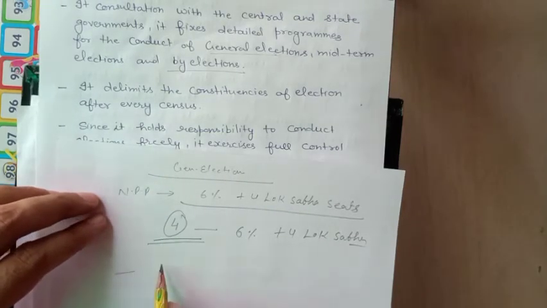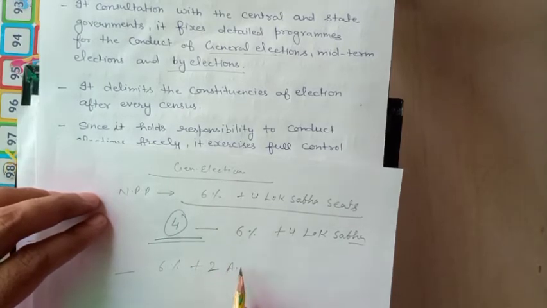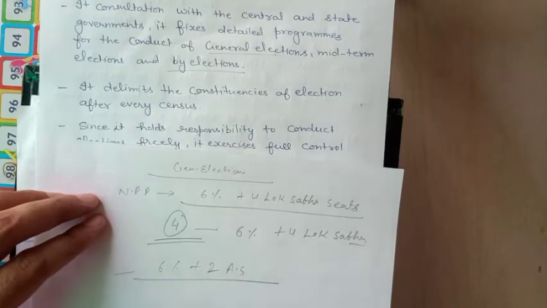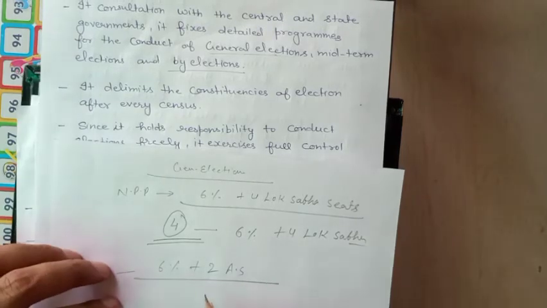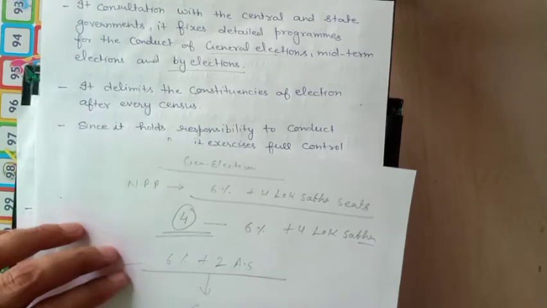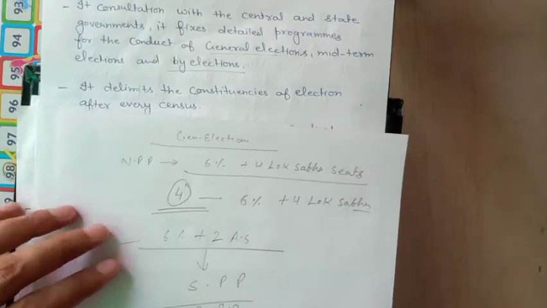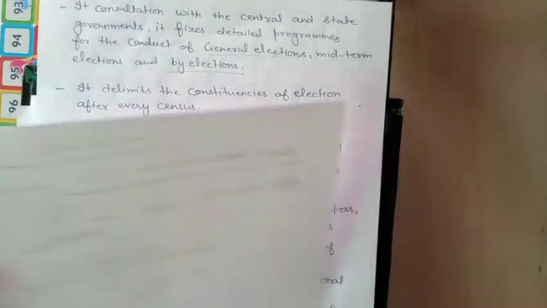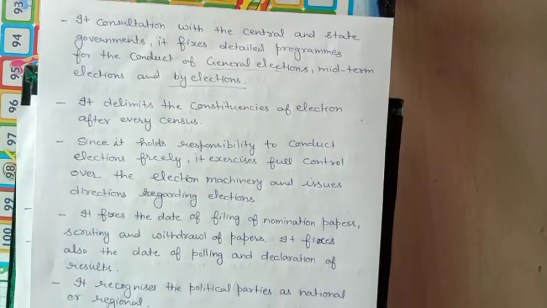Next one is state or regional political parties. In any state election, if a political party secures 6% of total votes and 2 assembly seats in the state assembly election, then the party is declared a state political party or a regional political party. So this is the criteria on which basis the Election Commission gives the tag of national and state political parties.